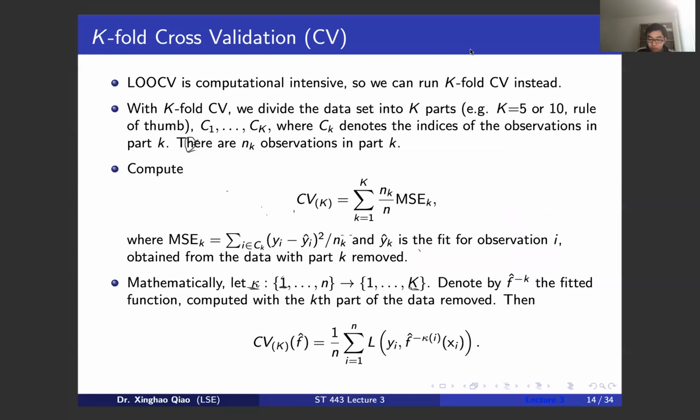We denote f hat minus k to be the fitted function computed with the kth part of the data removed. Remember, each observation belongs to a corresponding part, and the fitted value is obtained using the corresponding fit.